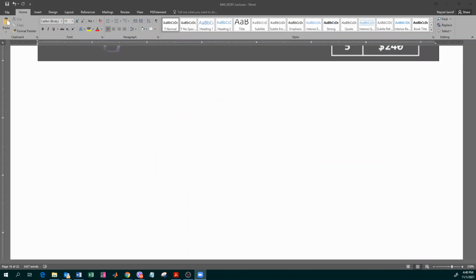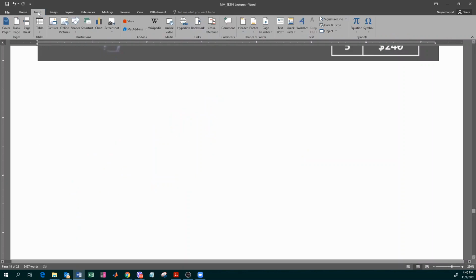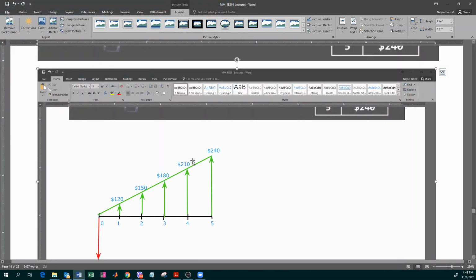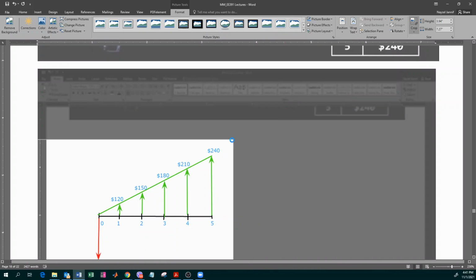In order to move forward, I want to do a sample problem so that you guys have an idea of how to attack the gradient problem, how to deal with arithmetic gradient.